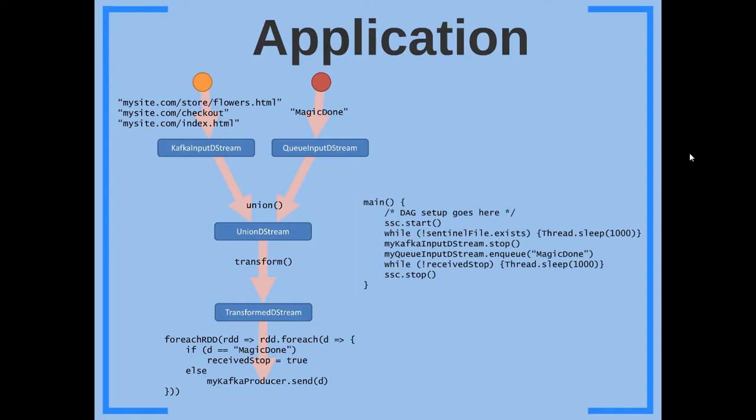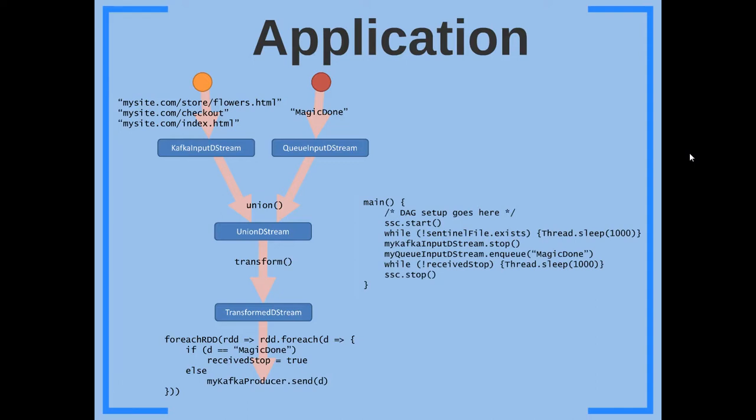I'm colorblind, and even though I made this slide, it was a couple weeks ago. We wait for that to come out the end. And when it comes out the end, then we set this global flag, receive stop. And in our main, we just keep monitoring, waiting for this receive stop in a while loop to be set.